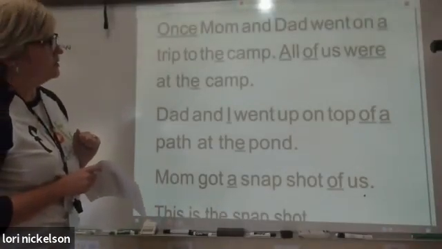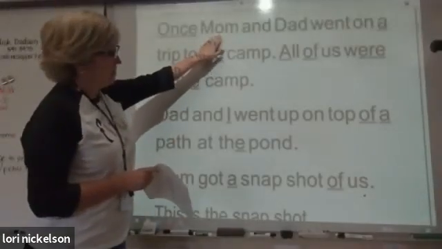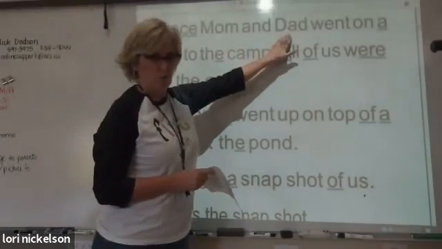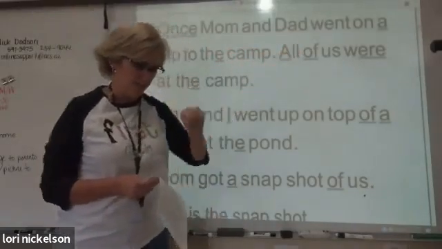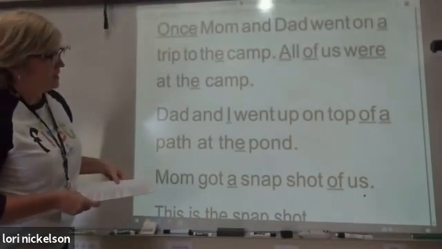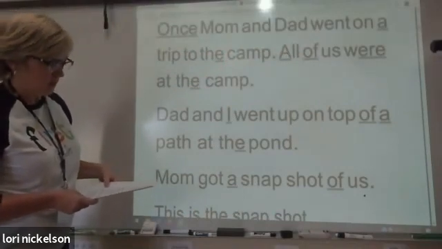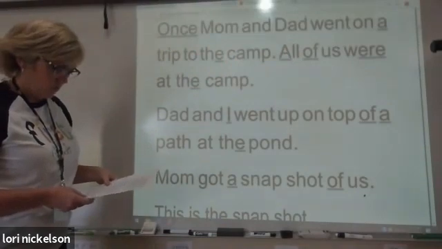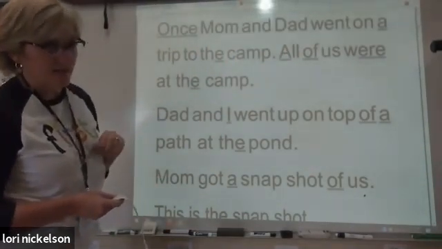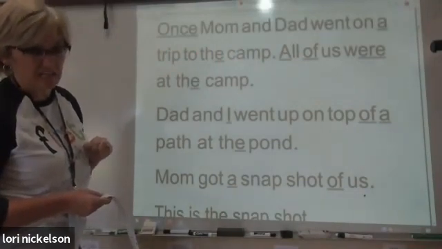Ooh, Mom is one. That's good. Ooh, Dad is another one. Great. And those name people. Wow. Anybody else? No? Okay. Now, remember, there's another type of noun too, a noun that names a thing.